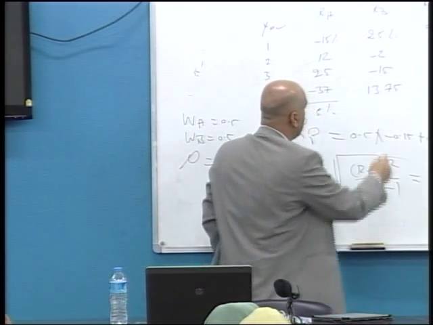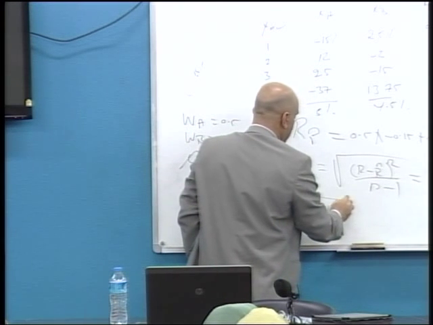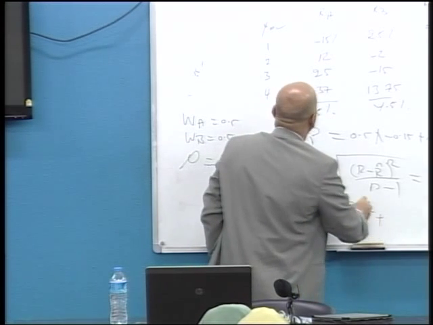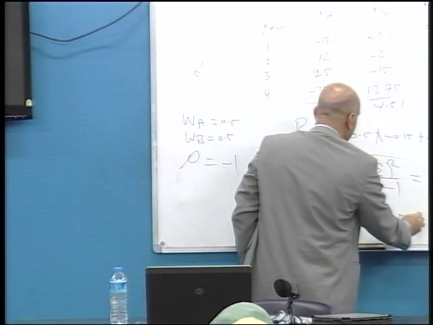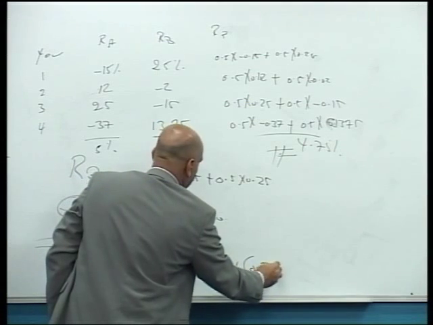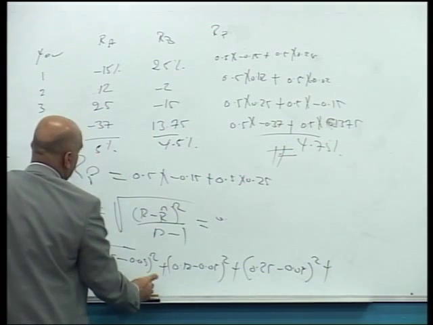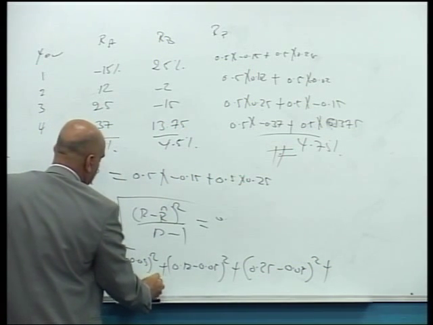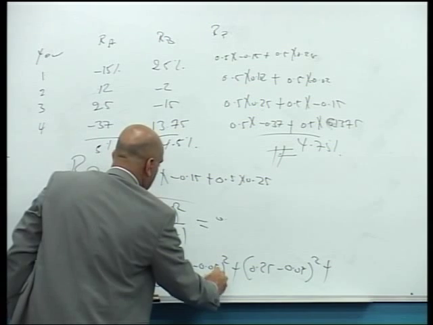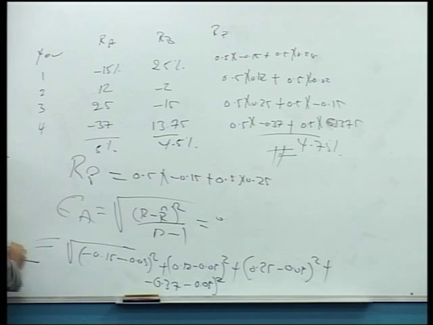So minus 0.15 minus 0.05 squared, plus 0.12 minus 0.05 squared, plus 0.25 minus 0.05 squared, plus minus 0.37 minus 0.05 squared. All of them divided by n minus 1, and then the root.